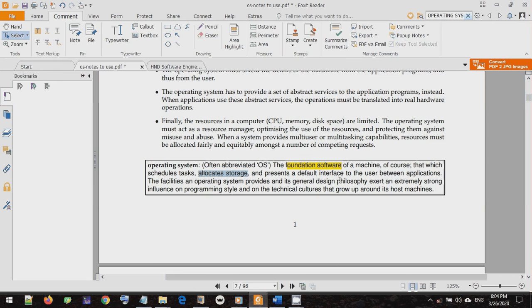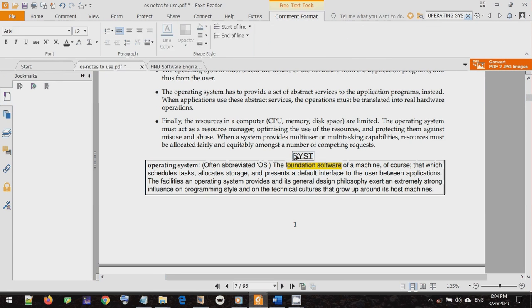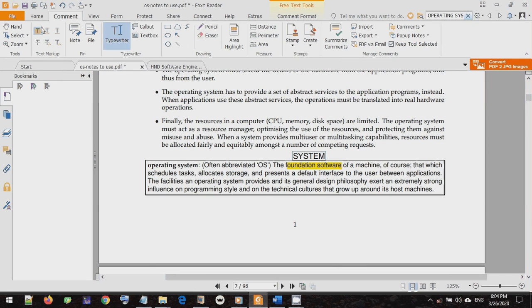Or better still, rather than using foundation software, we could say it is a system software of a machine that schedules tasks, allocates storage, and presents a default interface to the user between applications.